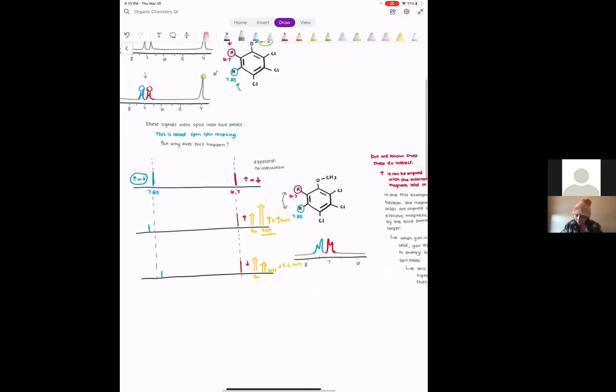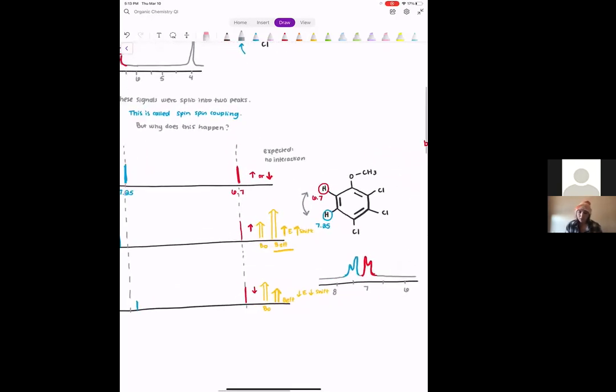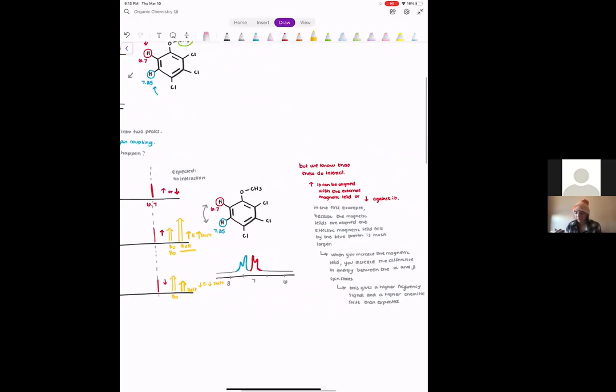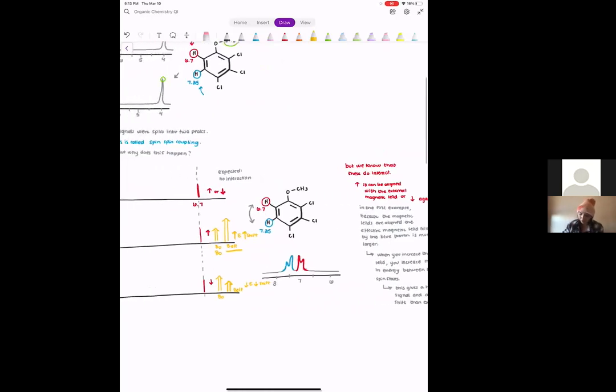So this can kind of be explained if you think of the magnetic field, the applied magnetic field, or the B naught, versus the aligned magnetic field that the hydrogen will give off.